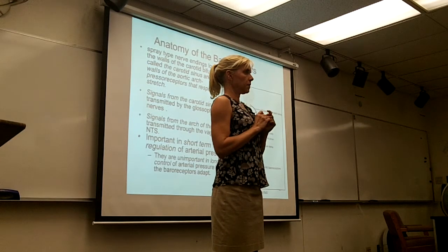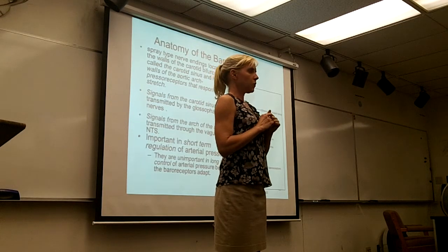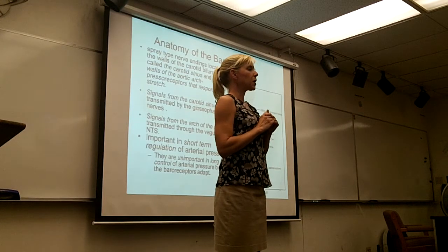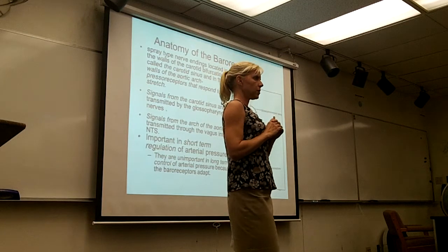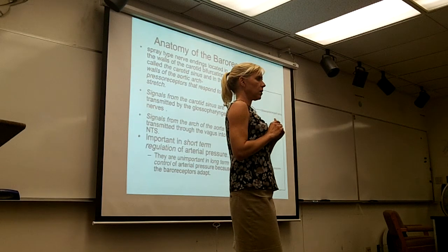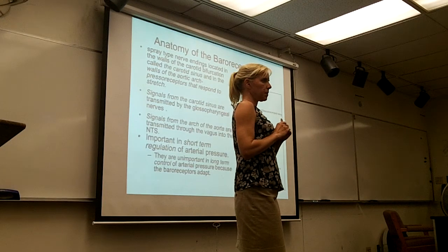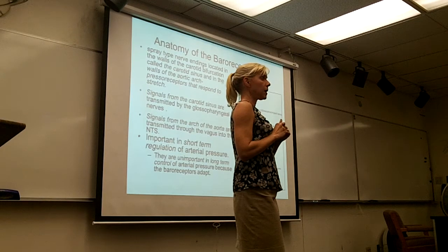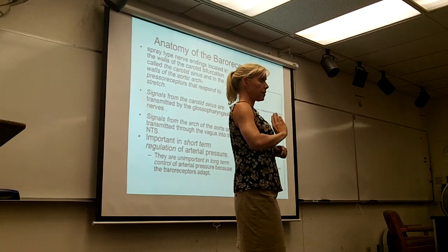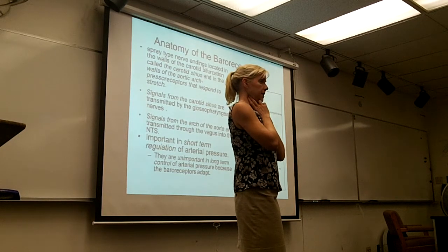So more action potentials are going to be sent to lower your heart rate, correct? Start that again and be more complete. Well, what starts the action potentials? Stimulating the baroreceptors. And what stimulates them? High blood pressure. Okay. And how can we get high blood pressure in those areas of the aortic arch and carotid sinus?